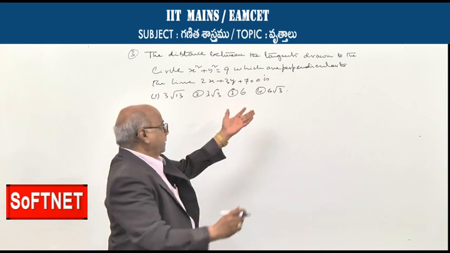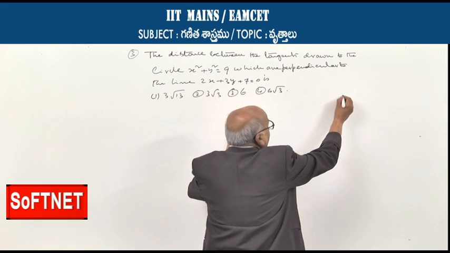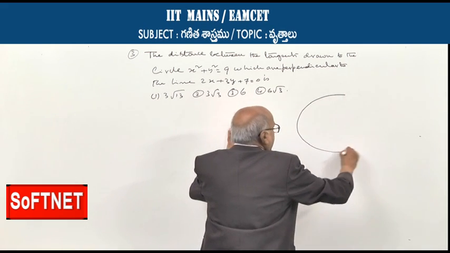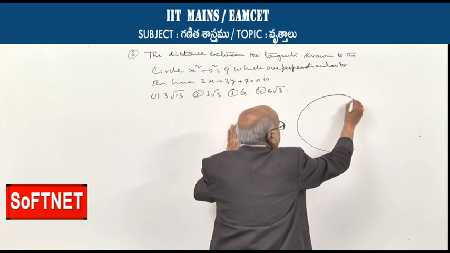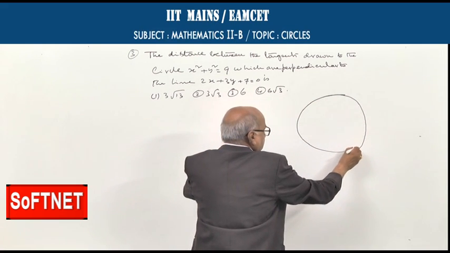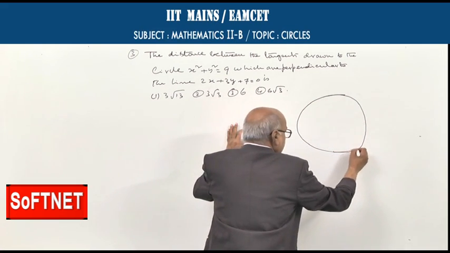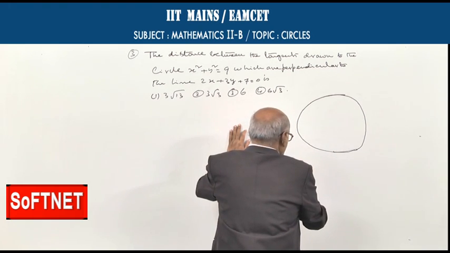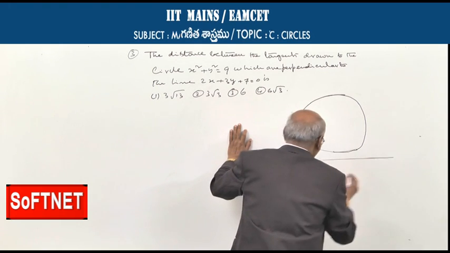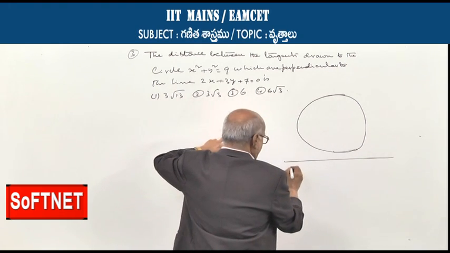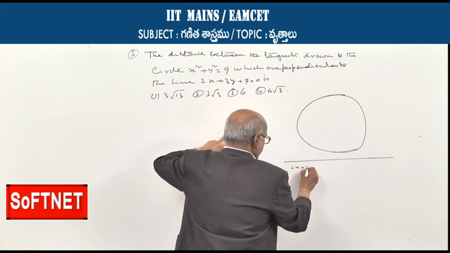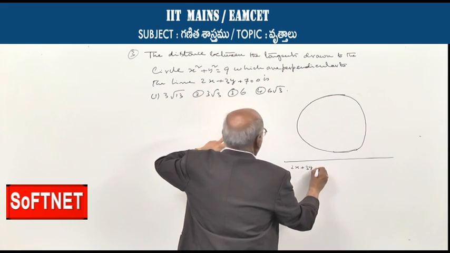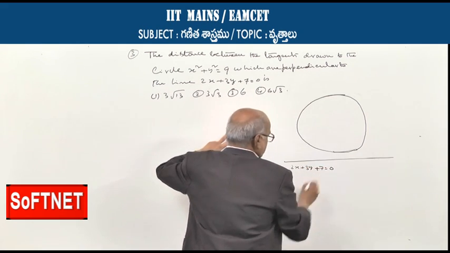Okay, and you know that for any circle, if two tangents are perpendicular to the same line, that means they are parallel tangents. Suppose the given line is 2x plus 3y plus 7 is equal to 0.